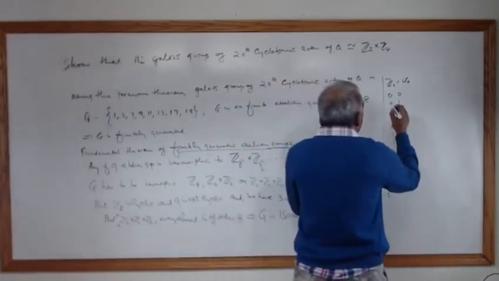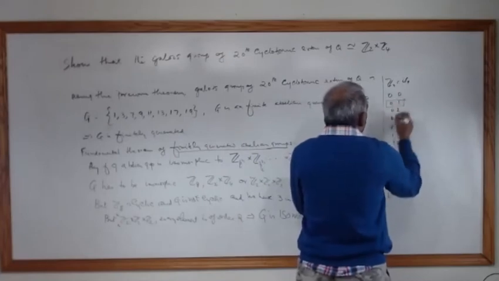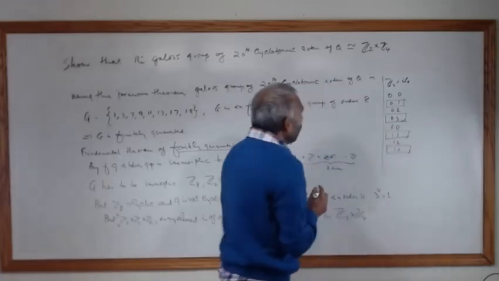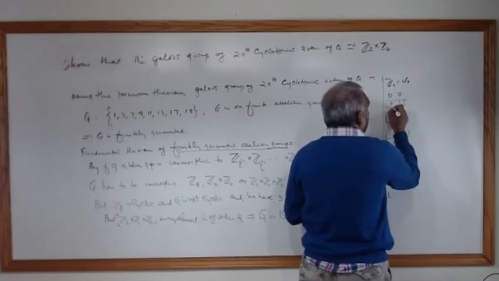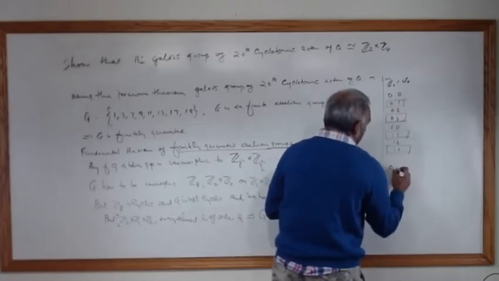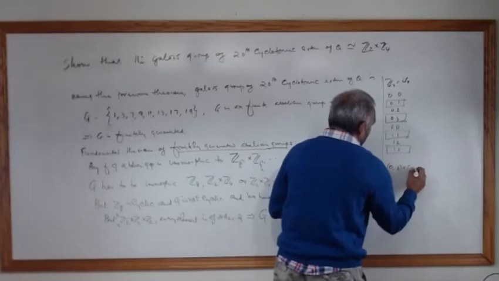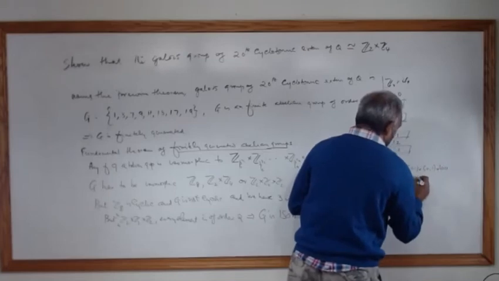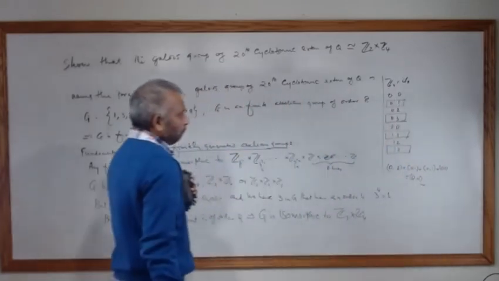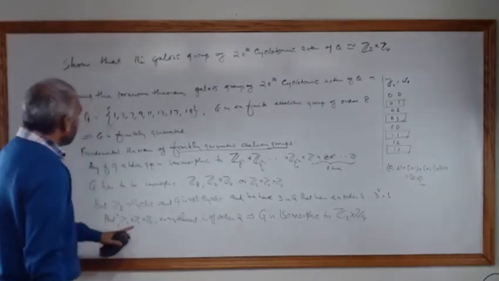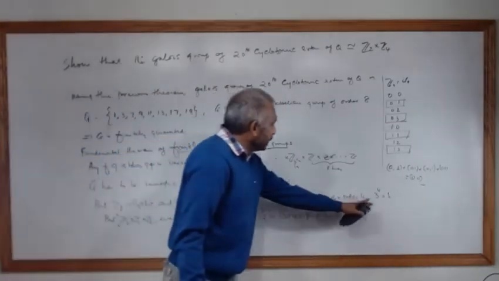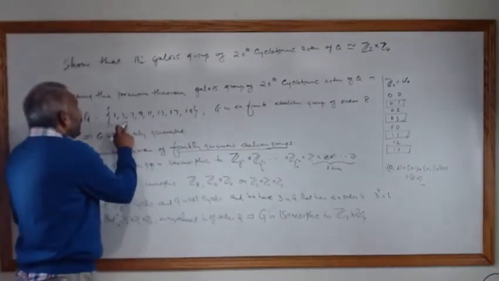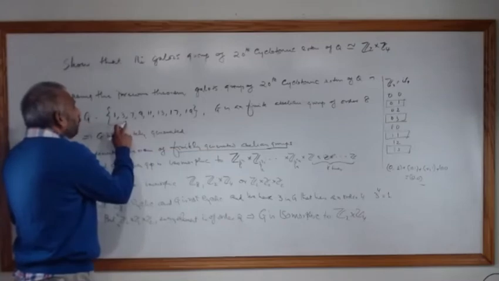And if you take this element and this element and this element and this element, they are all of order 4. So the order of this is 4: 0,1 plus 0,1 plus 0,1 plus 0,1 is equal to 0,0. So we have elements in here that have order 4, and we can find the same number of elements here whose order is 4.